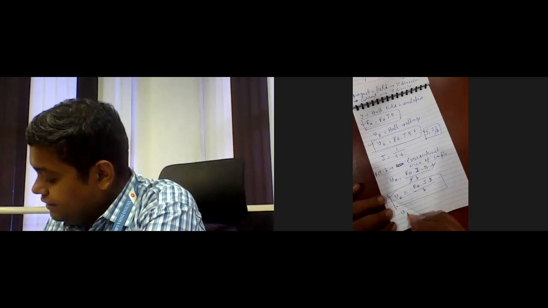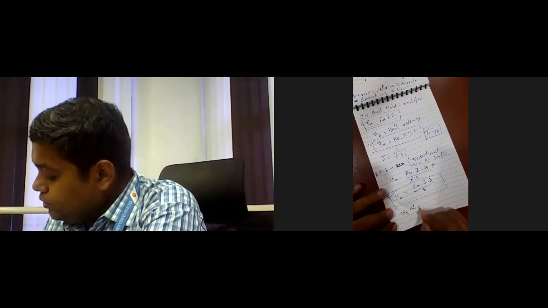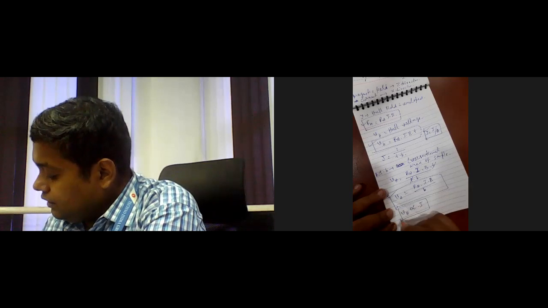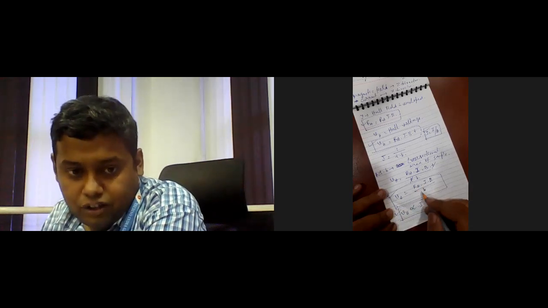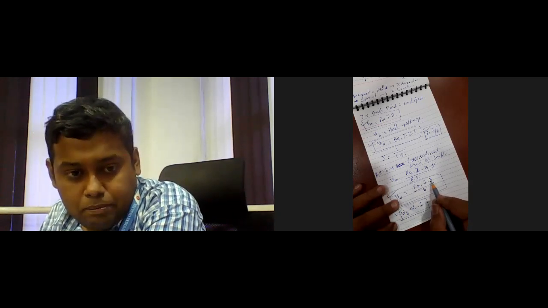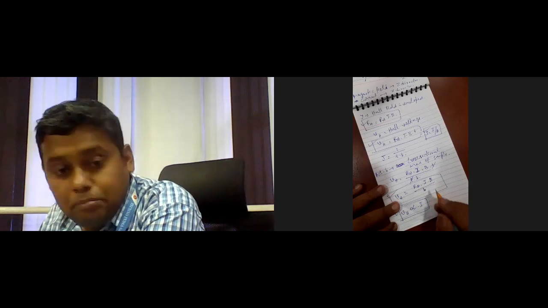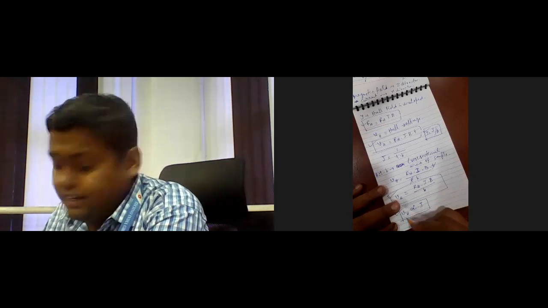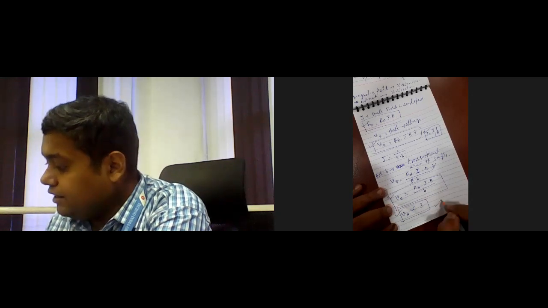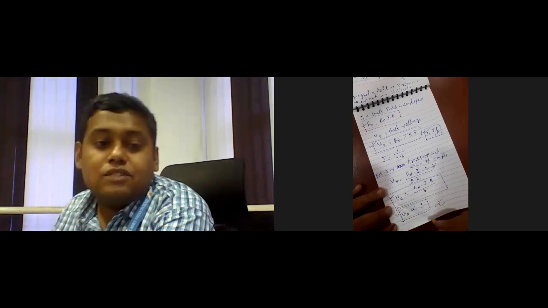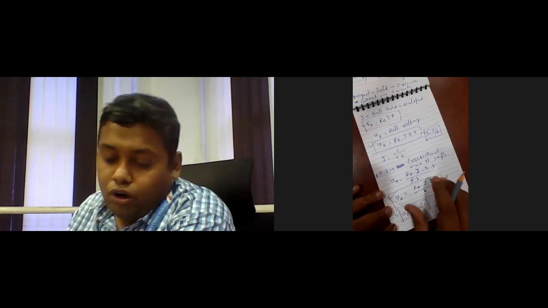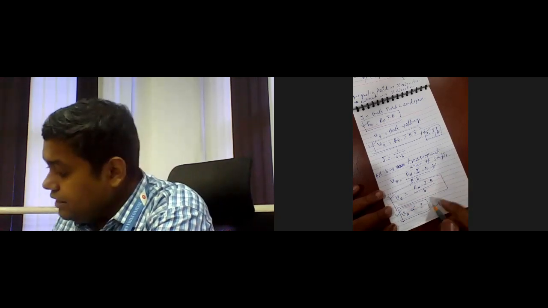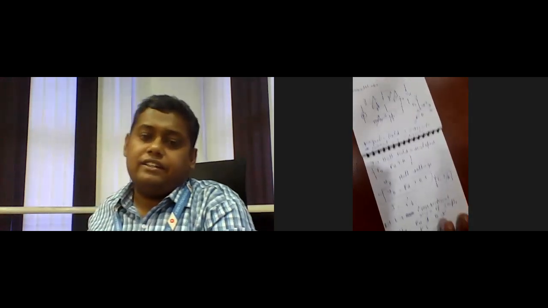So V_H is directly proportional to I. The Hall coefficient is constant, B is the magnetic field density, constant in a particular direction, and b is the breadth of the sample. So V_H is directly proportional to I, which once again proves Ohm's law using this Hall voltage experimental circuit.